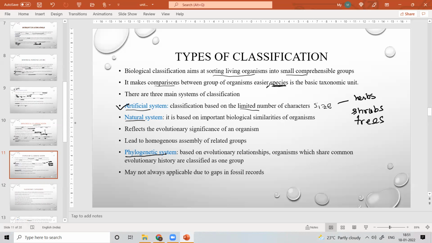Only these three categories we can find. And if we go by habitat, maybe terrestrial or marine organisms, these are the two categories possible.